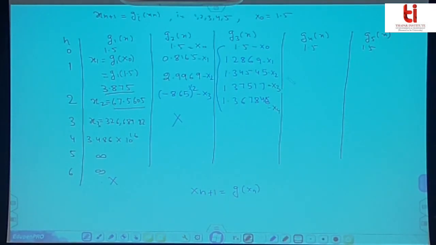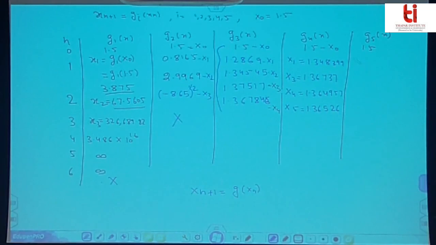Now let's discuss g4(x). For g4(x), 1.5 is our initial guess. Now x1 we are getting as 1.348399. The value of x3 is 1.36737. x4 is 1.364957, and x5 is 1.36526.